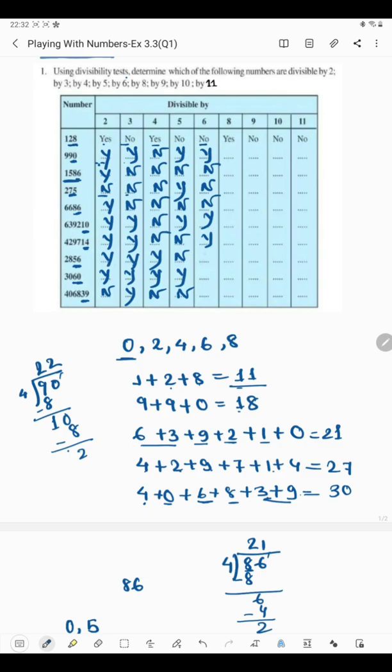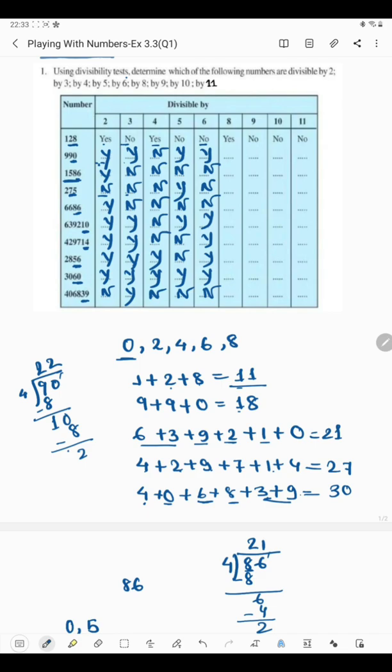So it is divisible by 6 also. So we'll write yes. Now in the next one, again I have written yes in both the columns. That means it is divisible by 2 as well as 3, so it is divisible by 6 also. So we'll write yes. Now in the last one I have written no in the first column. That means it is not divisible by 2. It is divisible by 3, but it is not divisible by 2. That means it is not divisible by 6.